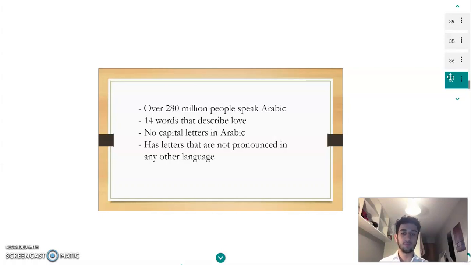And one other thing is it has many letters that are not pronounced in any other languages. And if you practice enough to train your tongue to pronounce such letters, it might be a cool thing to have, because that would help you even to learn more languages in the future.